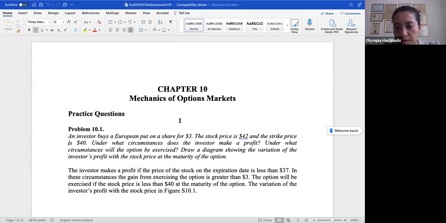The stock price is $42 and the strike price is $40. Under what circumstances does the investor make a profit? Under what circumstances will the option be exercised? Draw a diagram showing the variation of the investor's profit with the stock price at the maturity of the option.